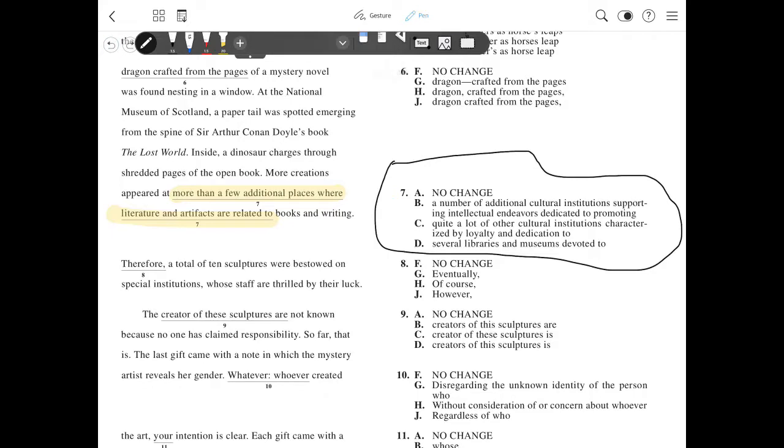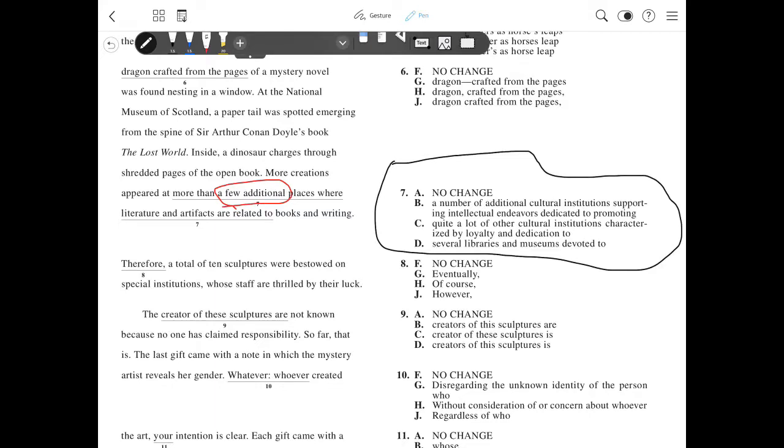Alright, so for A, it says no change. So let's read the sentence again and see if that sounds okay. More creations appeared at more than a few additional places where literature and artifacts are related to books and writing. Now, when I read that, I feel like it's a little repetitive in this part right here: a few additional.